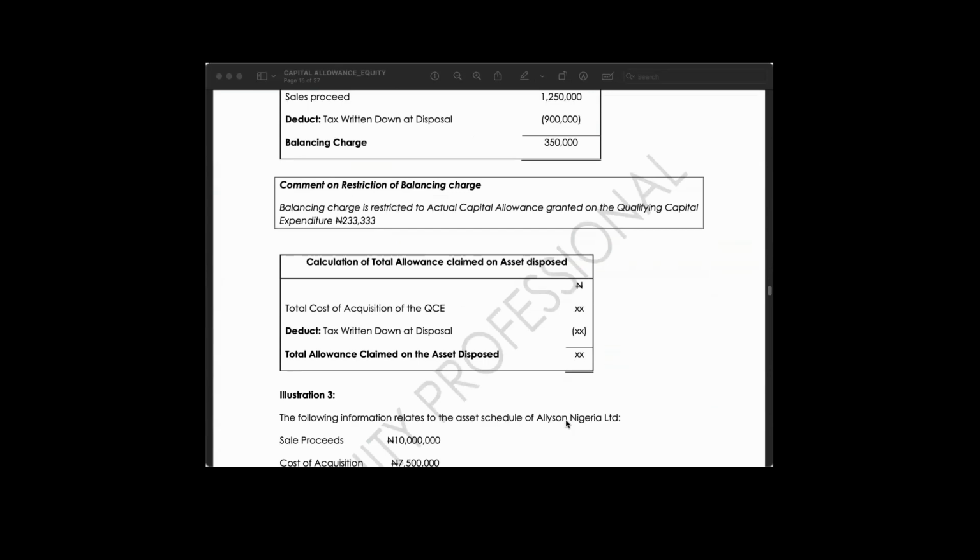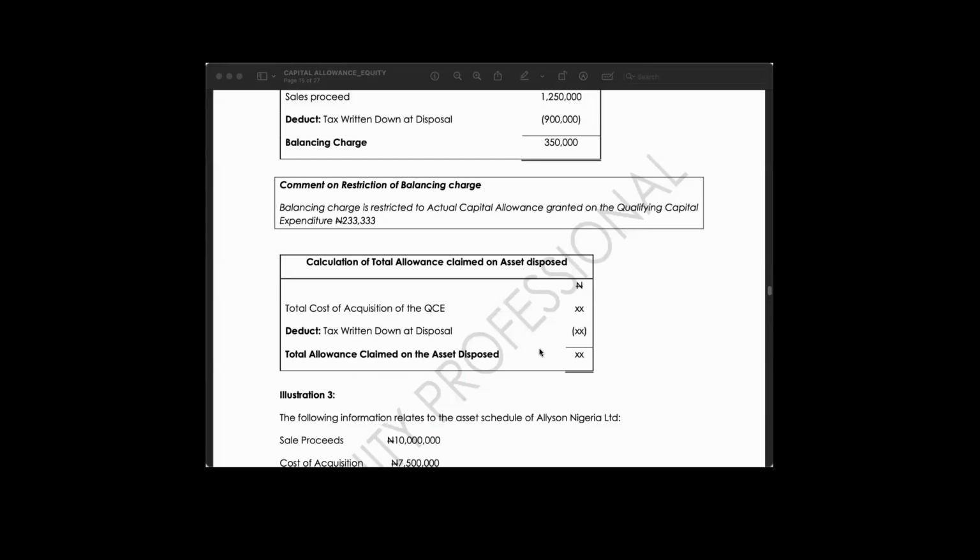Balancing allowance is not restricted to anything. If you have balancing allowance today, it is going to be an additional allowance. You don't restrict balancing allowance, unlike balancing charge.